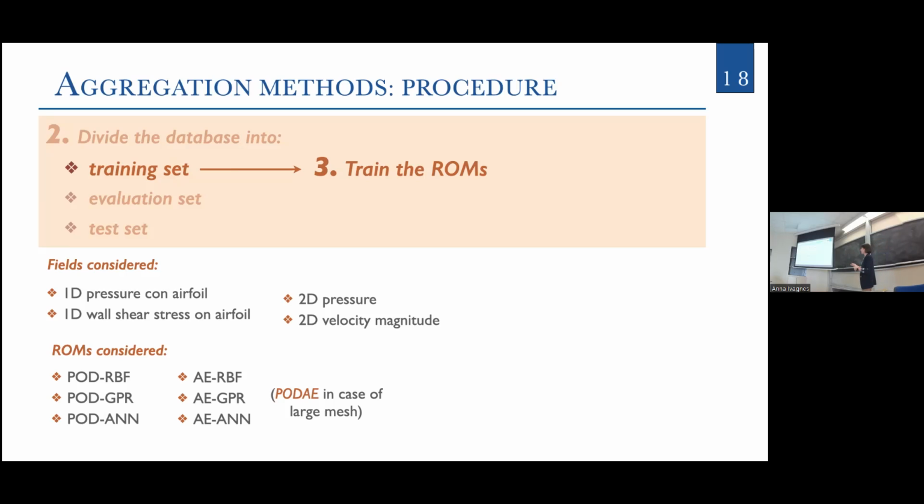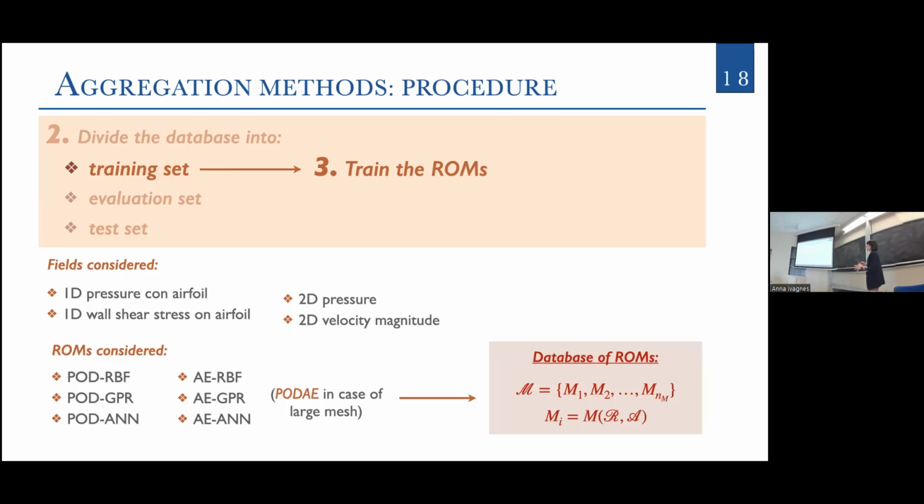And to simplify all the operations, we decided to consider a POD autoencoder. Now at the end of this step, we finally have our database of reduced order models. So this calligraphic set is a set of all the non-intrusive reduced order models that depend on the reduction and the approximation step.